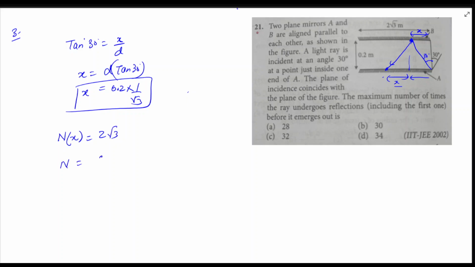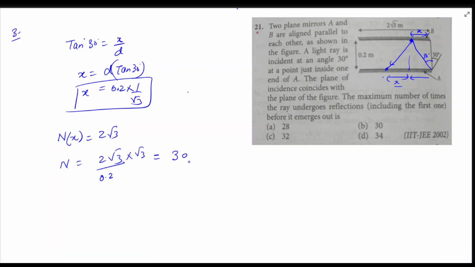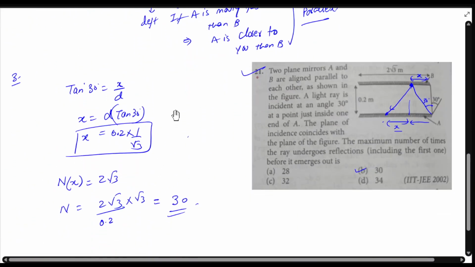So n will come out to be 2 root 3 divided by x, which is 0.2 into root 3. So it will be 30, right? Yes, so there will be 30 reflections. We are excluding this part, so we don't consider it. Otherwise we would be marking the 31 option. So again, quite an easy question. Let's move on to question number four.